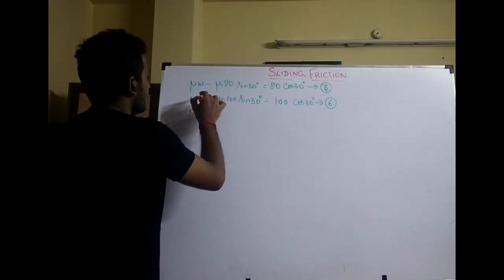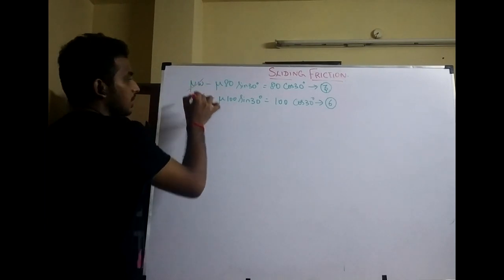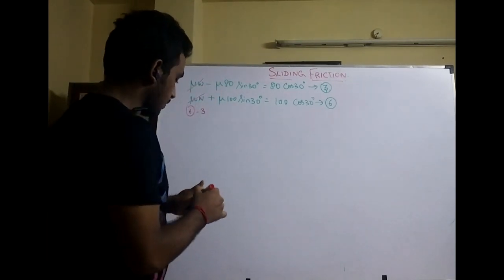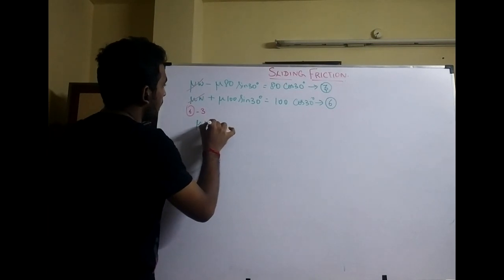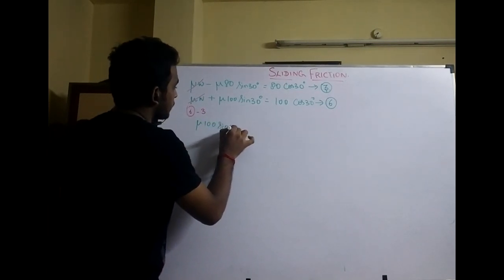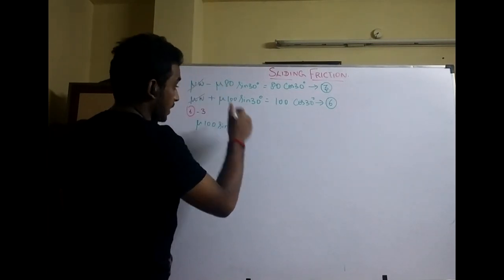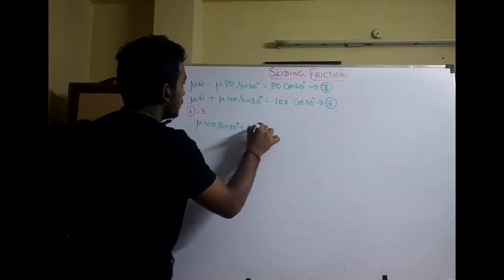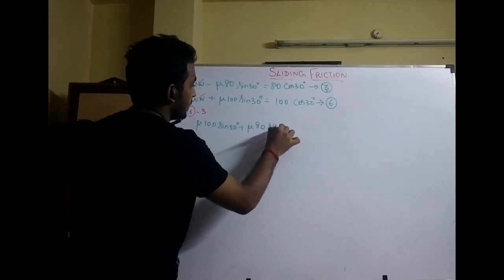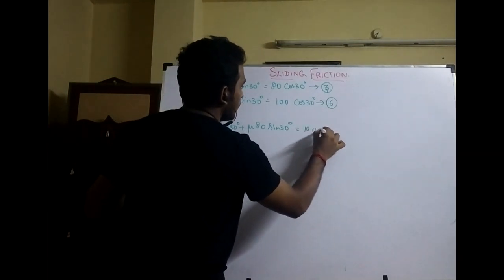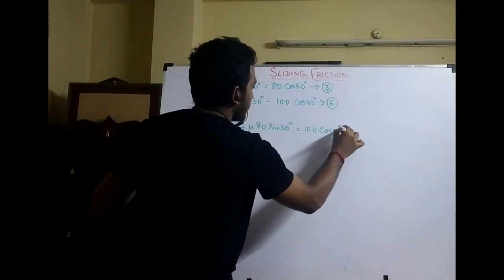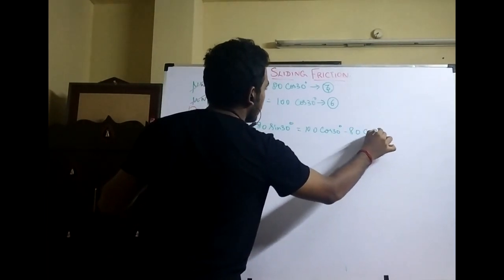The mu W terms get cancelled out. From there we get mu 100 sin 30, and since I am subtracting, plus mu 80 sin 30, which is equal to 100 cos 30 minus 80 cos 30.